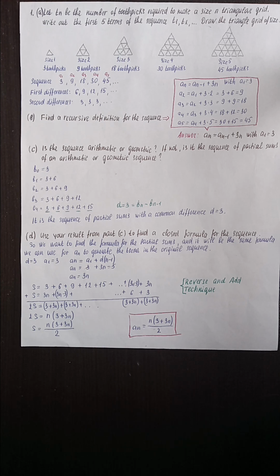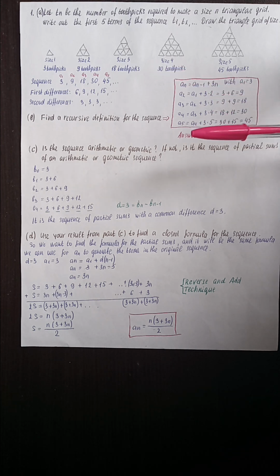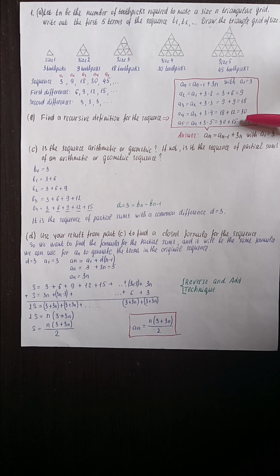So to wrap up, we got the size 3 grid with 18 toothpicks. We got the first 5 terms as asked. We got the recursive definition A sub n equals A sub n minus 1 plus 3n with A sub 1 equal to 3.